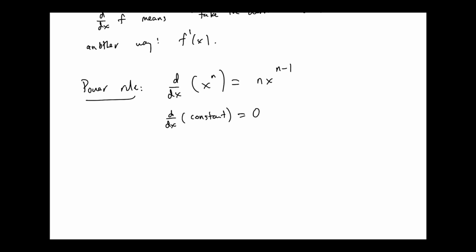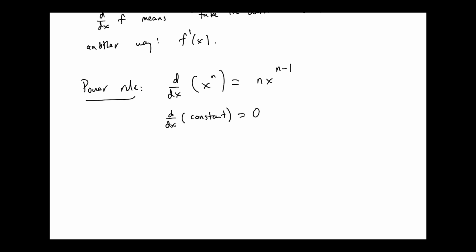And what's anything to the 0? 1. And so if you did the power rule to that, you'd get 0 times x to the something, and 0 times anything is 0. So yeah, the derivative of a constant is 0.